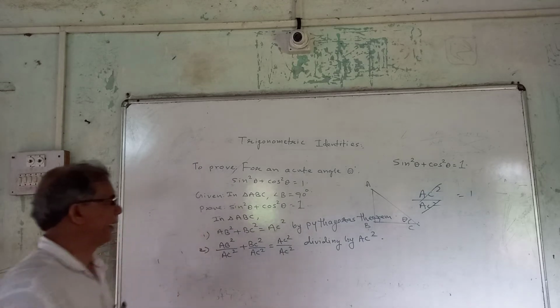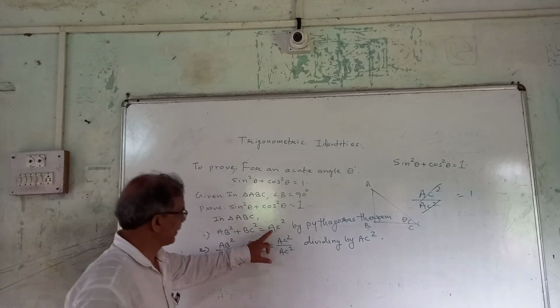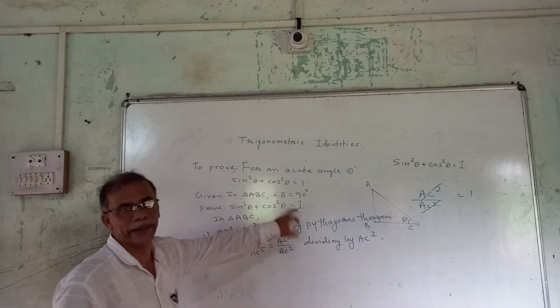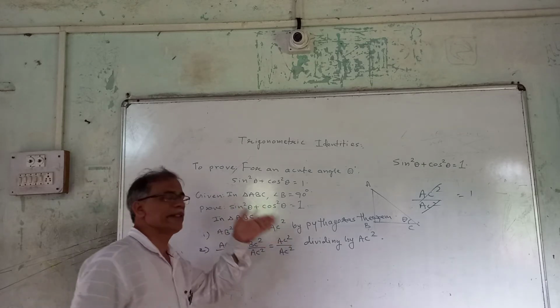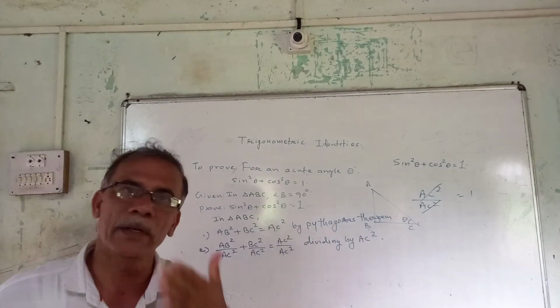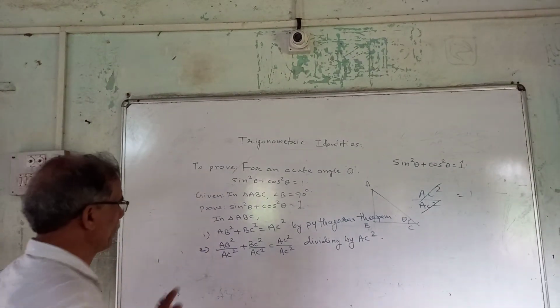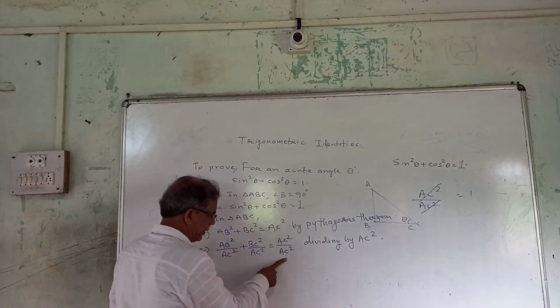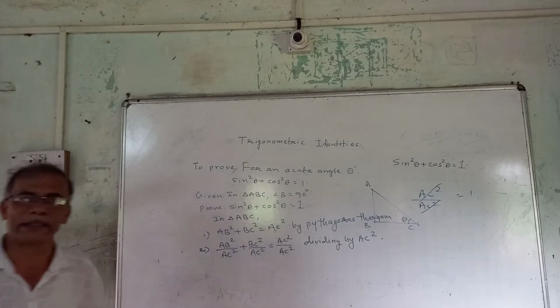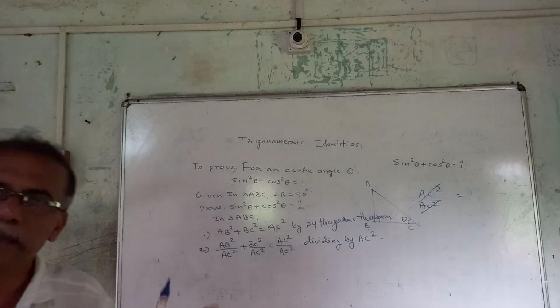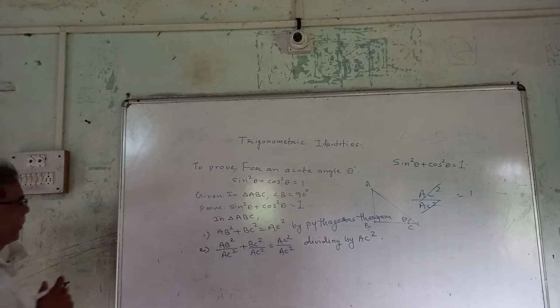Now why are we dividing by only AC square? So that AC square upon AC square is equal to 1 we can get. So you have to look at the right hand side and decide which side, that hypotenuse, to divide by. Once you decide that you want to divide by AC square, divide every term on the left hand side also by AC square. Now our main work is over. Now only the calculation part.